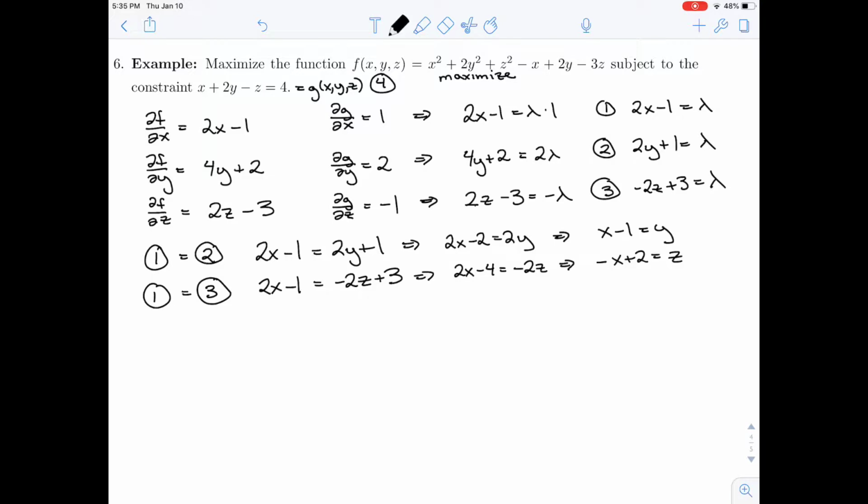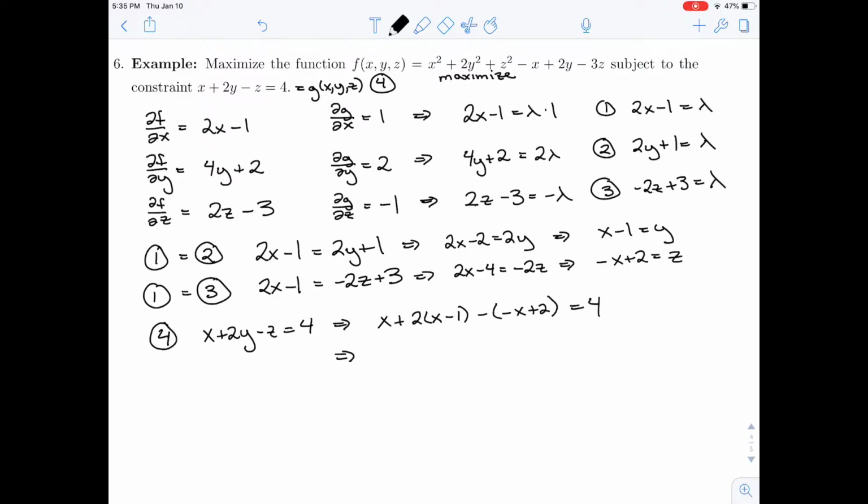Now I'm going to plug these two relationships into equation 4. So x plus 2y minus z equals 4 can be written as x plus 2 times x minus 1 minus a negative x plus 2 is equal to 4.